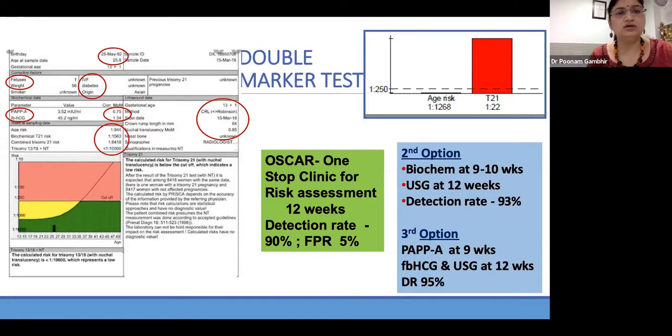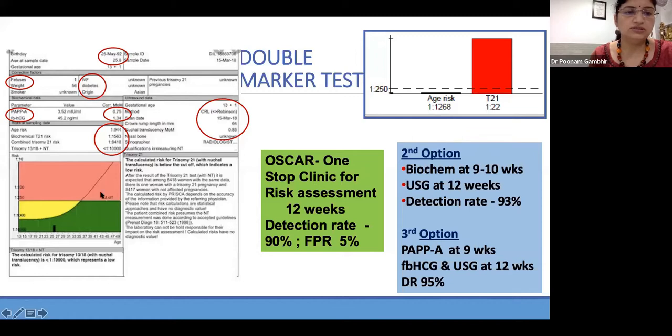The encircled regions are the points we have to stress upon whenever we see such a report: the date of birth that is taken, the age at delivery, the NT scan, where it was done and how important it was, whether the NT was taken according to the FMF guidelines or not, the MoMs of the individual, PAPP-A and hCG, the weight of the patient, whether it was IVF conception, whether she has diabetes, and then the individual risks, the biochemical alone with age, and the combined with NT.